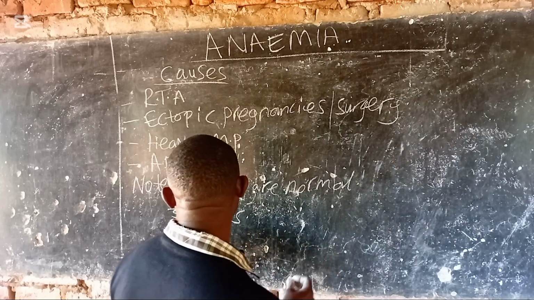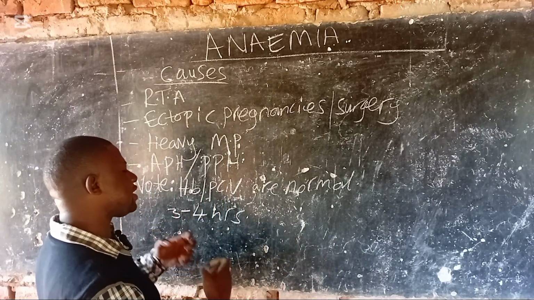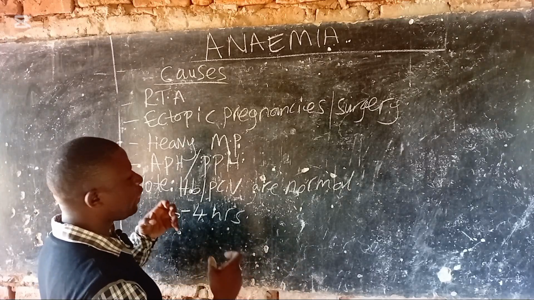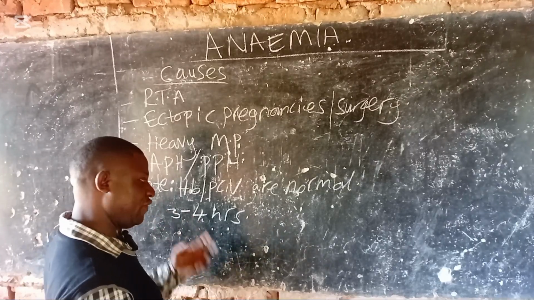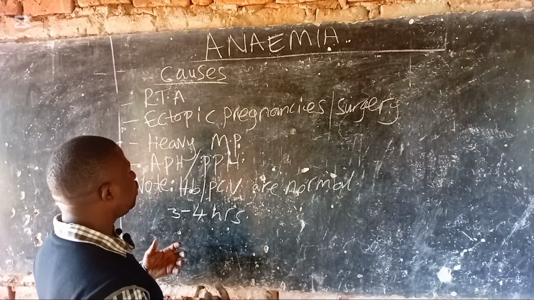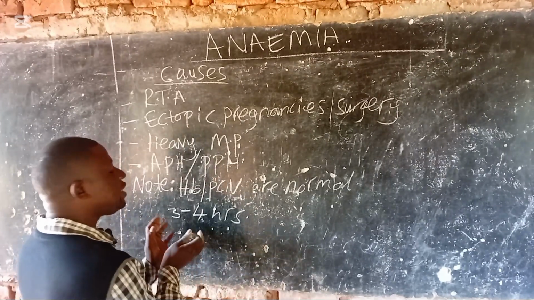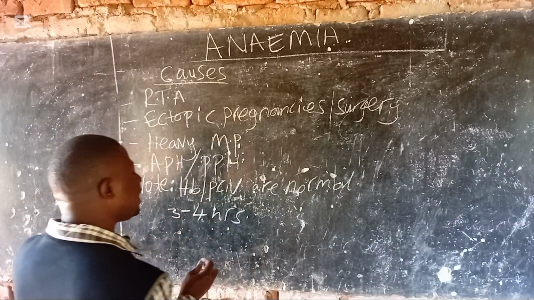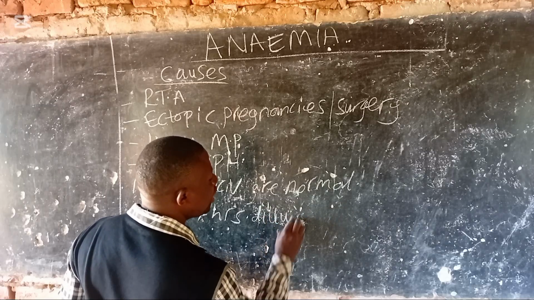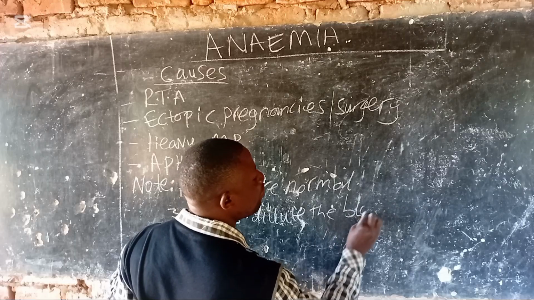But after like 3 to 4 hours, the body will realize that I have lost a certain volume of blood, and there is no way of replacing this very fast. So what the body does, it will release the fluids to enter into the blood vessels. And when they enter into the blood vessels, they will dilute the blood which is there in the body.